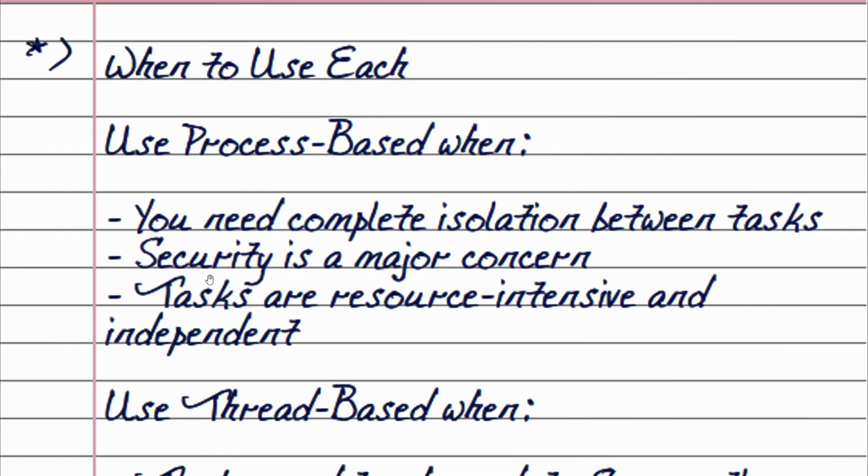In process-based, the security is much stronger than in thread-based, and tasks are resource intensive and independent. That means each process should have its own data as well as memory, and each process should be independent.